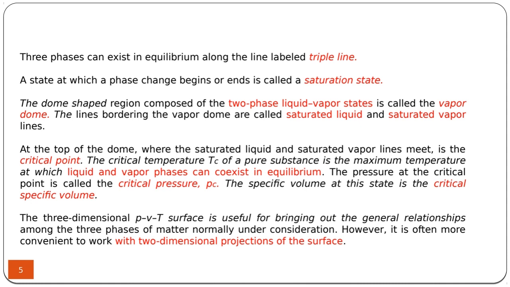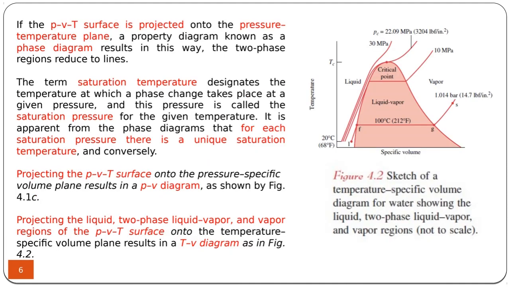The outside of the left-hand side of the curve is called subcooled liquid or compressed liquid. So this is most of the time what we will be using for evaluating the properties of substances.